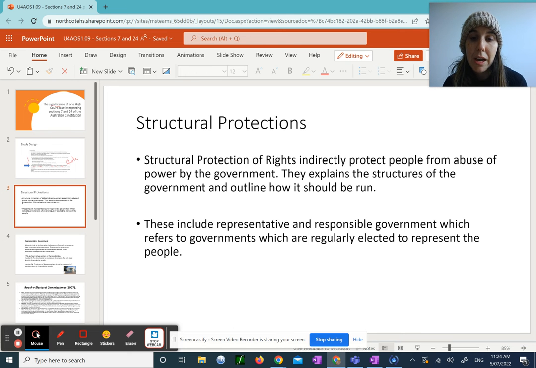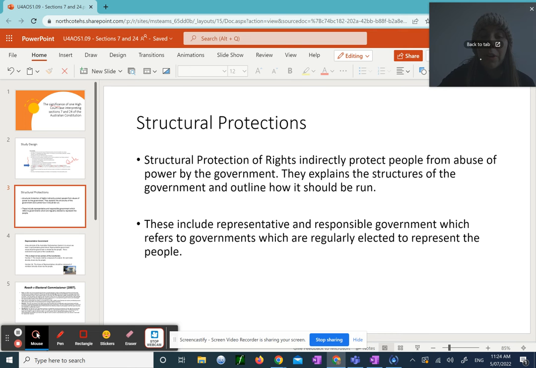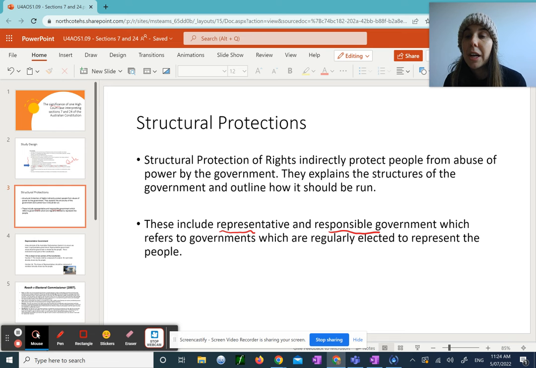Okay, some of the structural protections that we have in the Constitution include the concept of representative government and responsible government. This basically means that our government, our Commonwealth Parliament, and our state governments should be regularly elected by the people of Australia to represent them. Okay, so that's what we talk about when we talk about representative government.